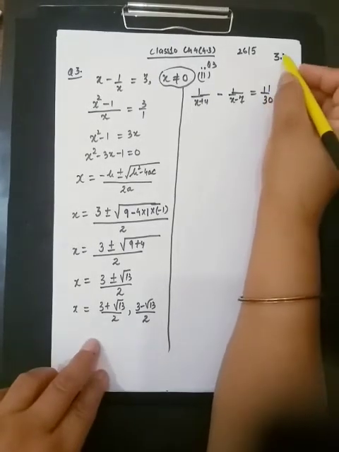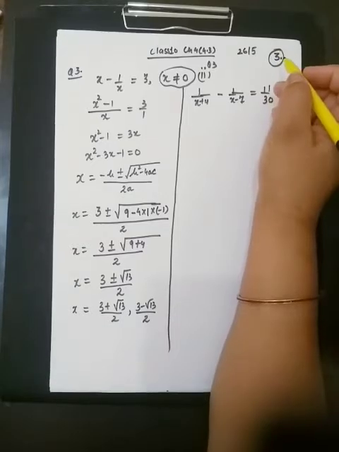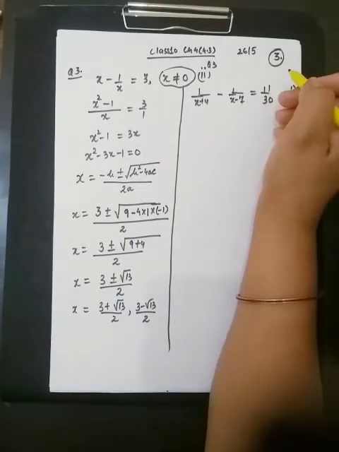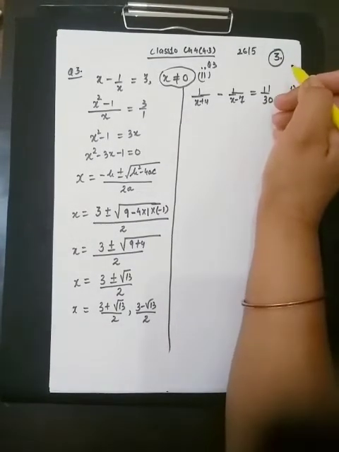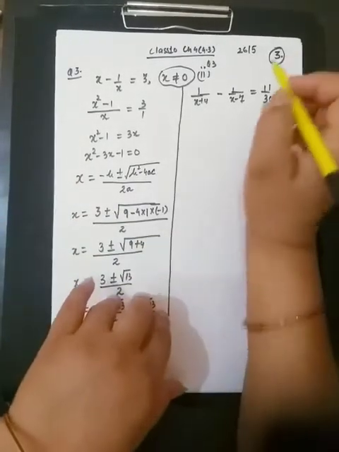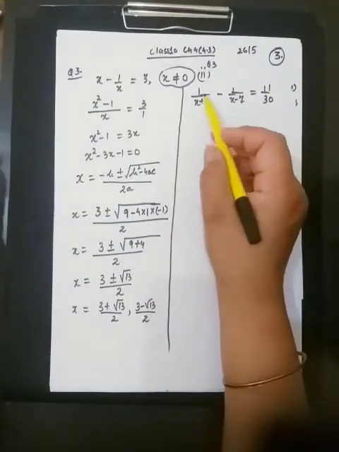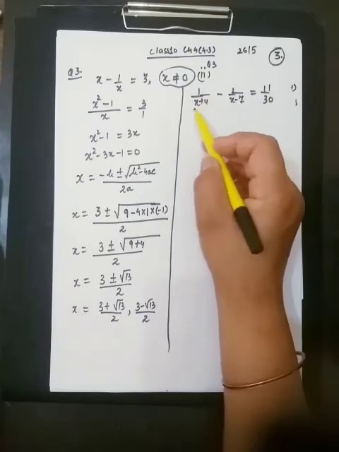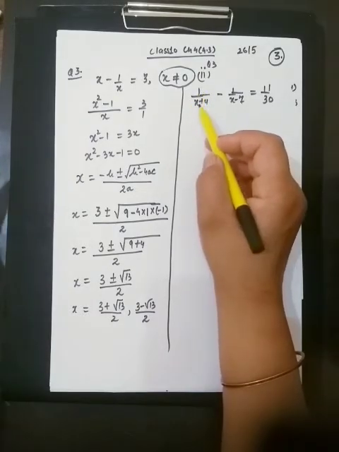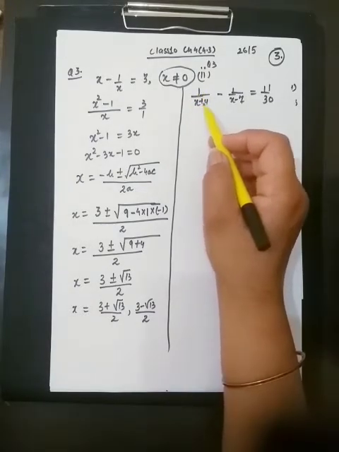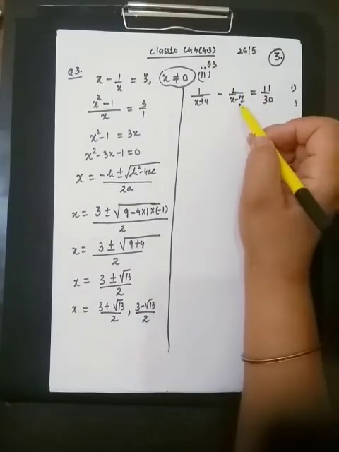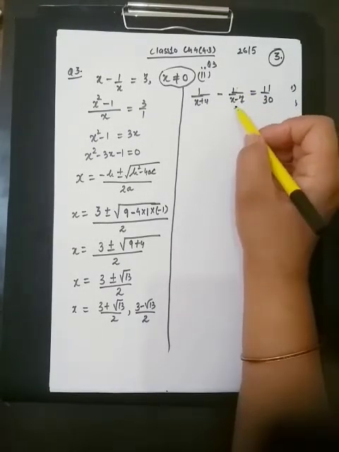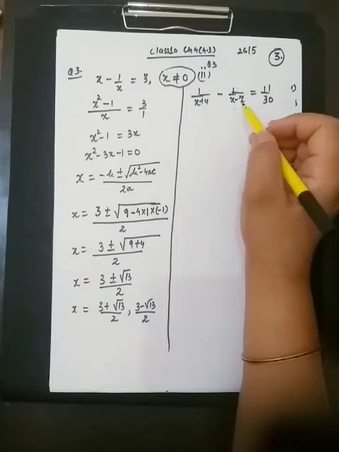And again in this question it is given that x is not equal to minus 4 and 7. So don't be afraid of this. Look, if x is minus 4, then this term will become 1 by 0, and 1 by 0 is an undefined term. Similarly, in this part if x is 7 it will be 1 by 0, and 1 by 0 is again an undefined term.